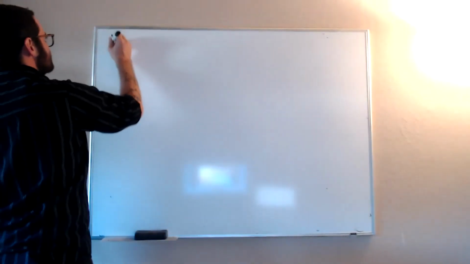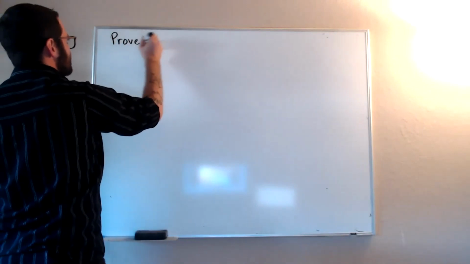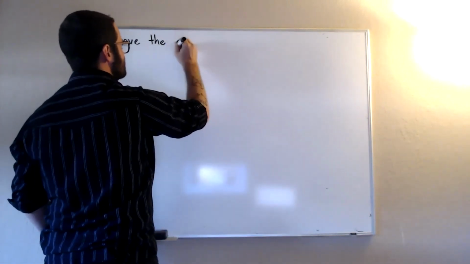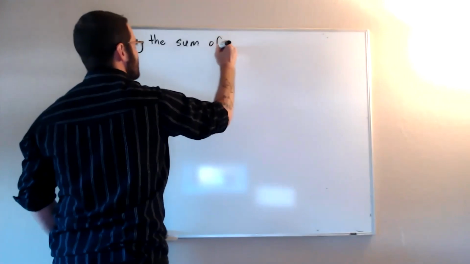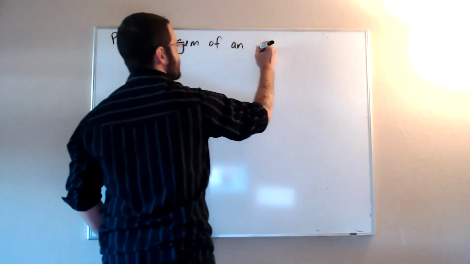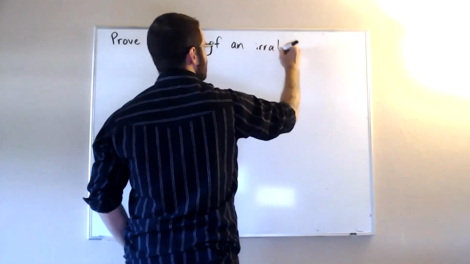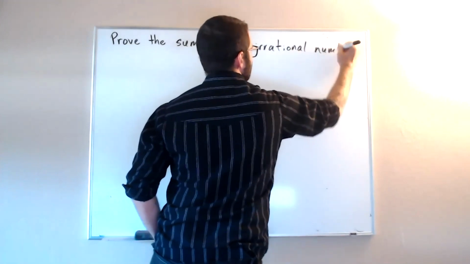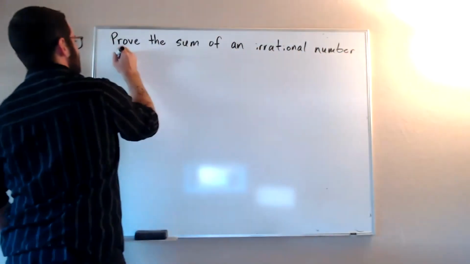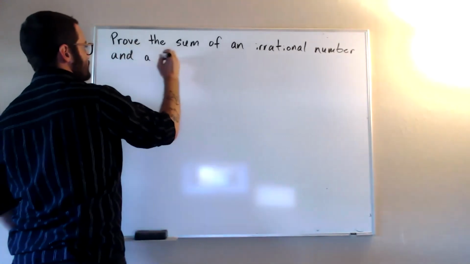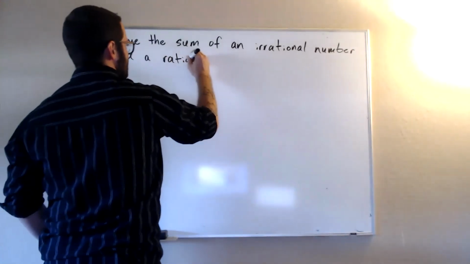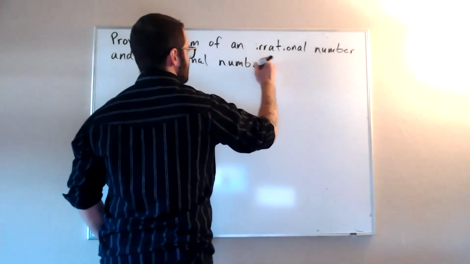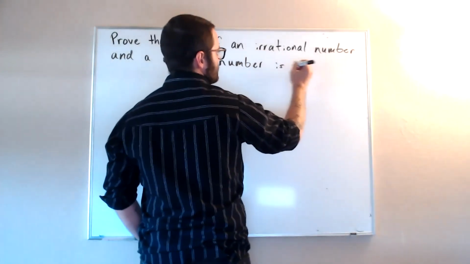Okay, so prove the sum of an irrational number and a rational number is irrational.